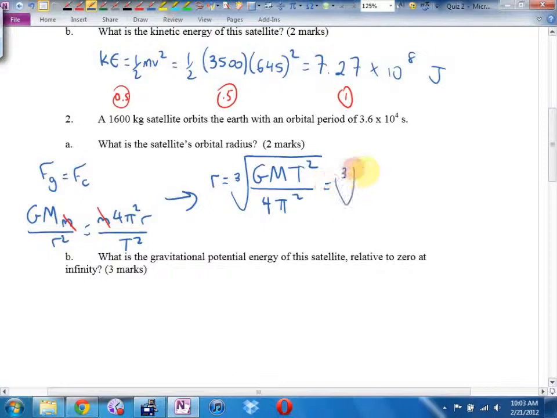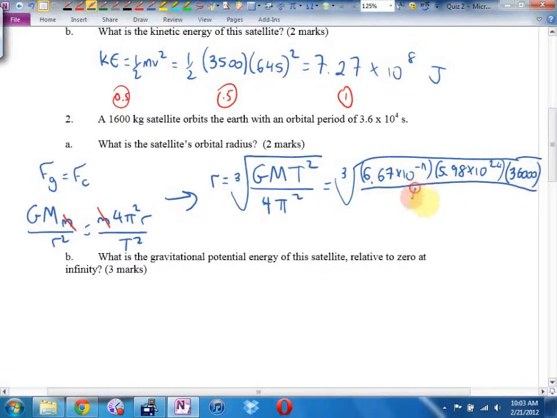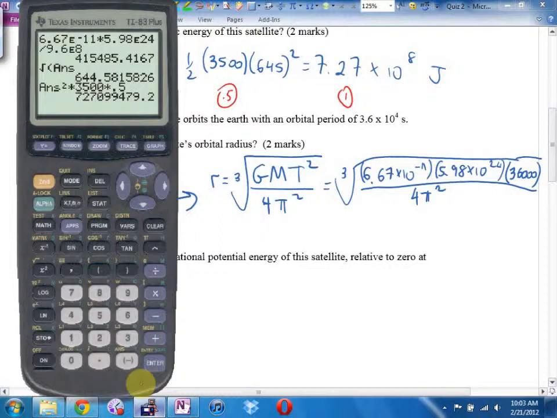Equals the cube root of 6.67 times 10 to the negative 11, 5.98 times 10 to the 24th, 36,000, which is 3.6 times 10 to the 4th, divided by 4 pi squared. Okay, 6.67. One button. Times 10 to the negative 11. Times 5.98.